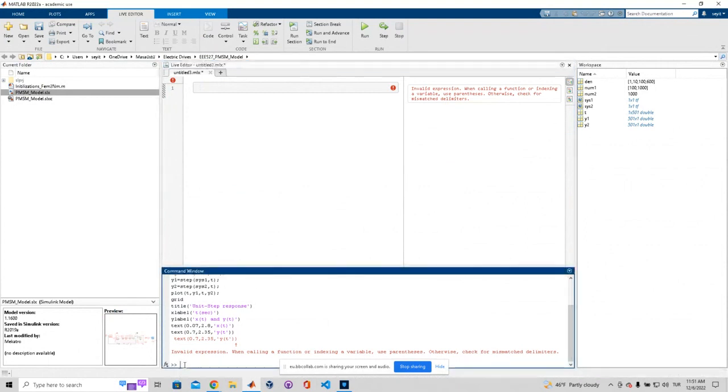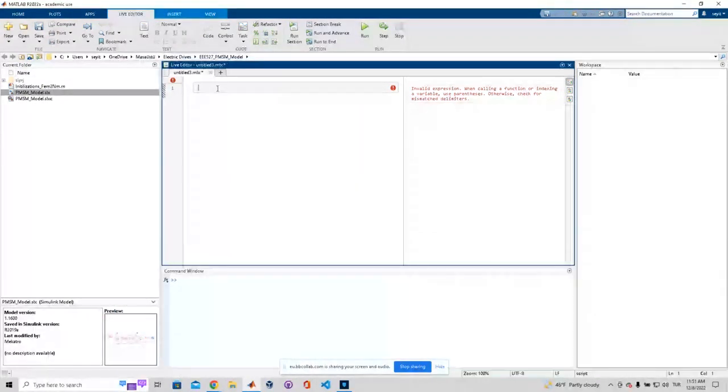For the impulse response, again, we need to define the numerator and denominator. Numerator, your denominator, let's say one.